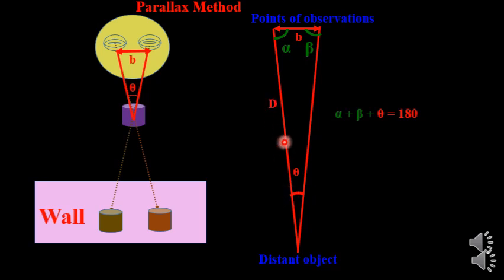So here, instead of radius, it is the distance capital D. So angle theta equals basis B divided by distance D, or D equals B divided by theta. Theta is already calculated. B can be measured by using a meter scale. Then D can be calculated by using this formula.